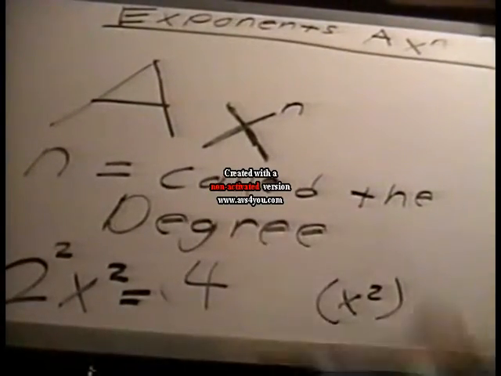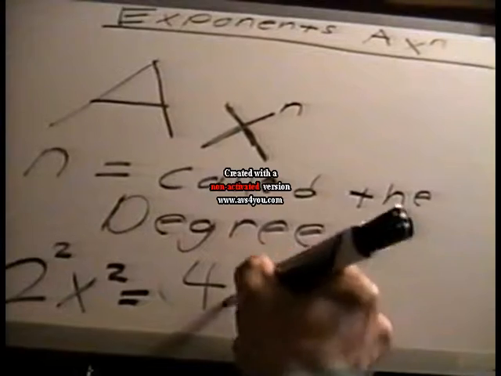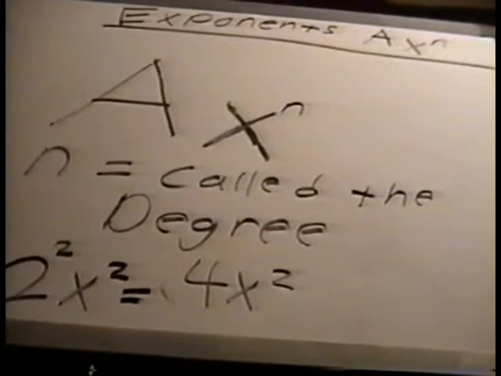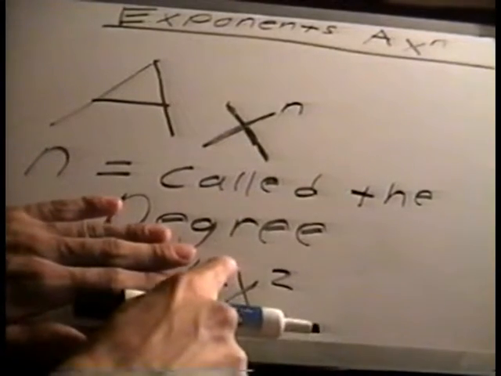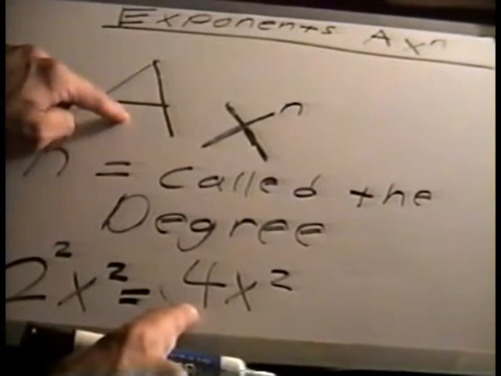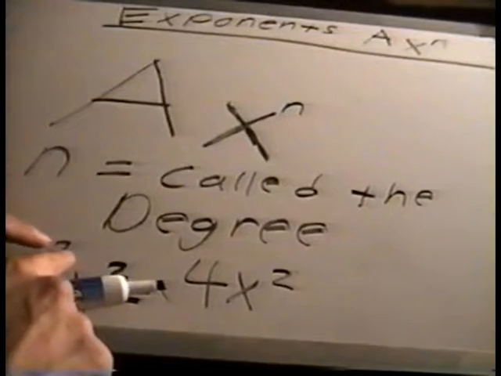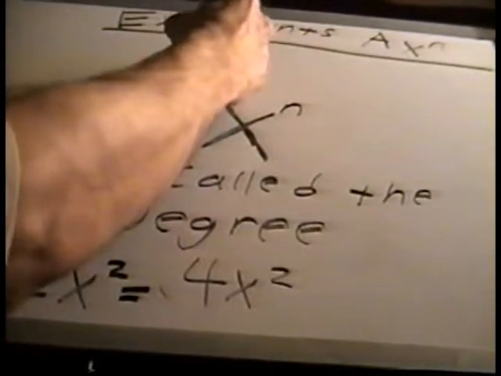We have ax to the power of n. Here, for this term, let's say we're going to use a capital A.